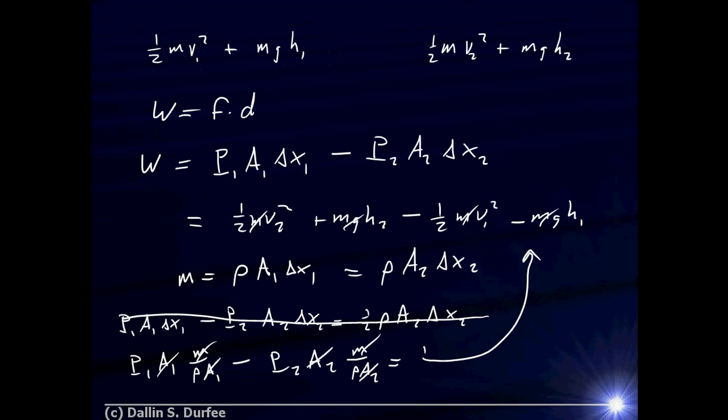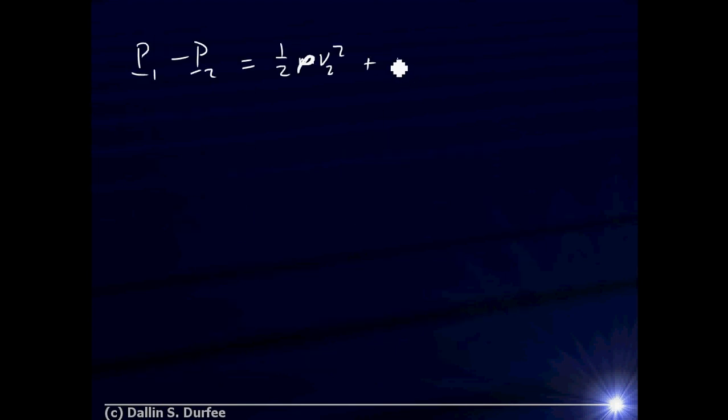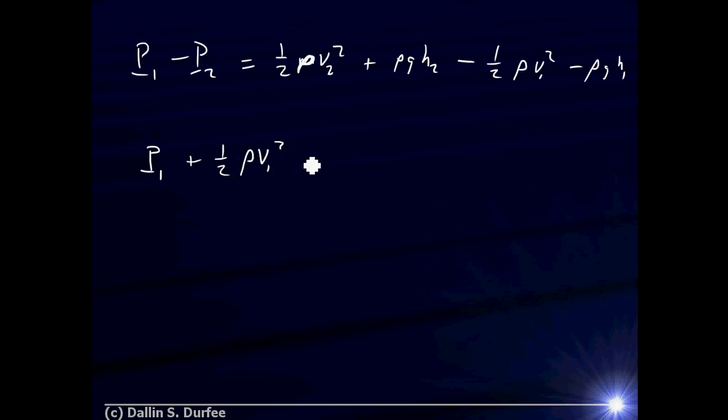We got rid of the masses, but then I had to multiply through by rho. So it's 1/2 rho v2 squared plus rho g h2 minus 1/2 rho v1 squared minus rho g h1. And if we take all of the 1 stuff to one side and the 2 stuff to the other side, we'll get pressure 1 plus 1/2 rho v1 squared plus rho g h1 is equal to the same thing but with 2. All right? And there's Bernoulli's equation.